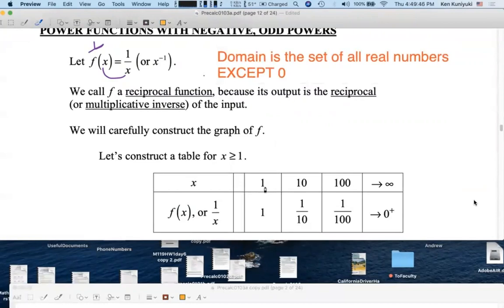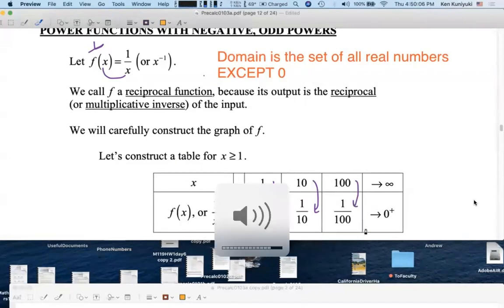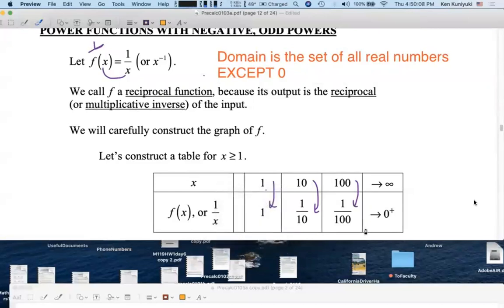But we can plug in 1. The reciprocal of 1 is 1. The reciprocal of 10 is 1/10. The reciprocal of 100 is 1/100th. As x approaches infinity, if x goes to 1,000, 1,000,000, 1,000,000,000, these reciprocal values go to 1 over 1,000, 1 over 1,000,000, 1 over 1,000,000,000.